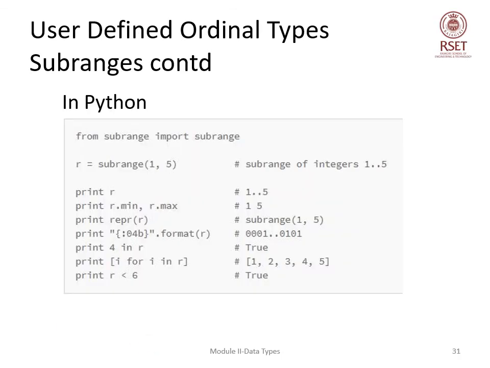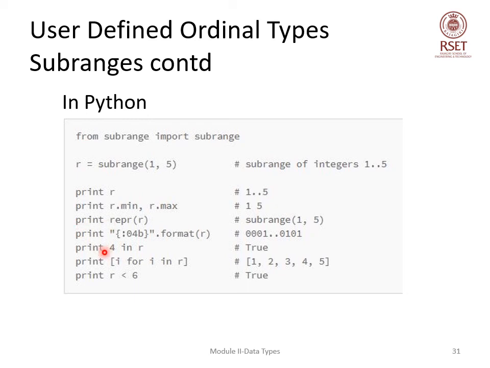More examples of subranges from Python. Here the subrange is defined from 1 to 5 and it is defined under the name R. So when we print R, 1 to 5 will be printed. The whole subrange will be printed, and r.min and r.max will print the minimum and maximum of the subrange.